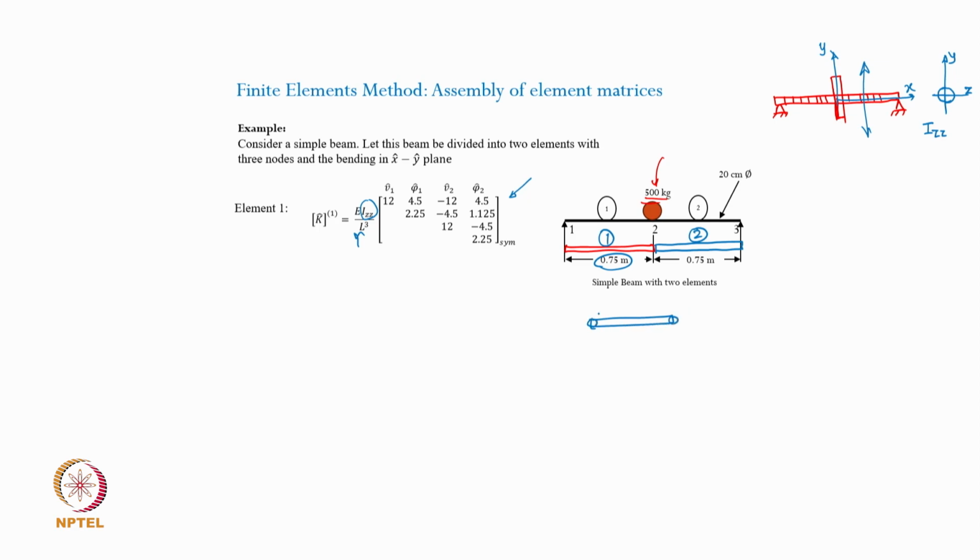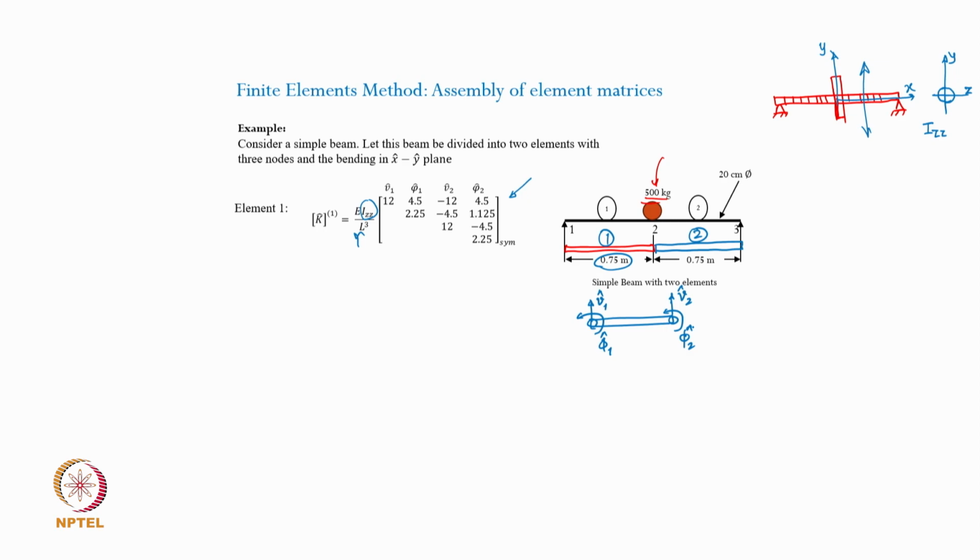In this particular case, we are taking this finite element as a two noded element, and in the nodal coordinates the degrees of freedom are v 1 cap and phi 1 cap here, and similarly the degrees of freedom at the other node are going to be v 2 cap and phi 2 cap. The cap represents that the parameters pertain to the nodal local coordinate system nodal degrees of freedom.